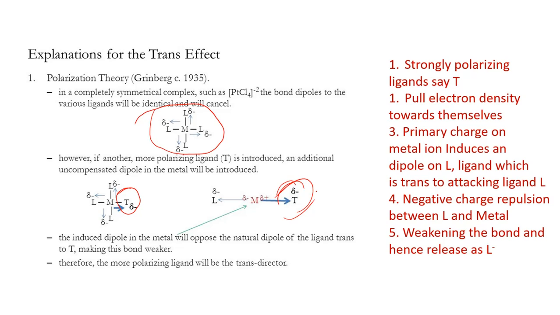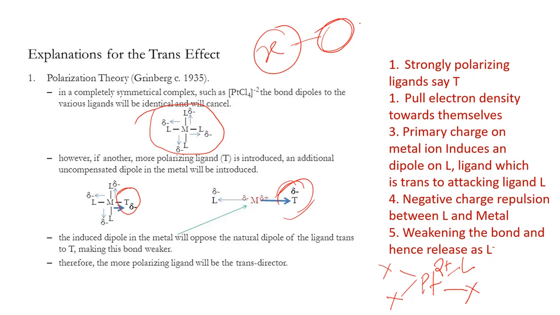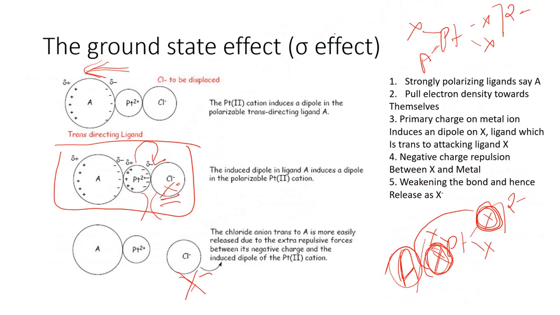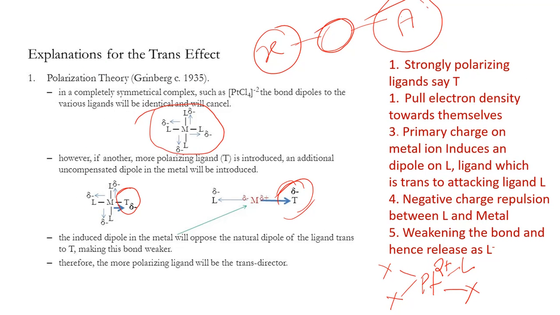These may in turn induce a net polarization on the metal in a manner that it will repel negative charge on a ligand X trans to L. As a simple way to understand: say platinum 2 plus is like this, and this is X and this is A, which is more polarizable. This is the central metal, suppose M, with overall charge n plus.